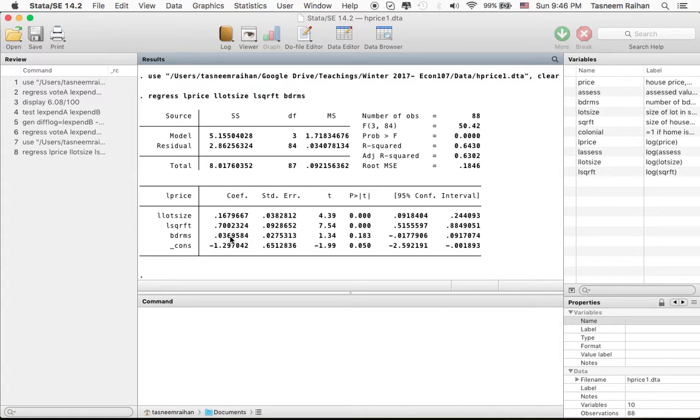And the number of bedrooms, from the p-value, it seems like it doesn't have a statistically significant effect on the price of the house. That's interesting.